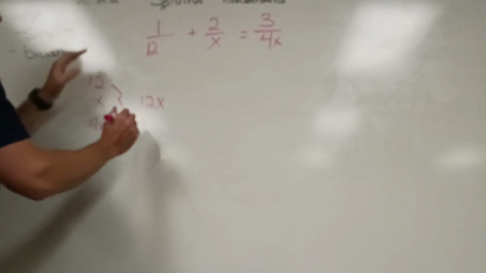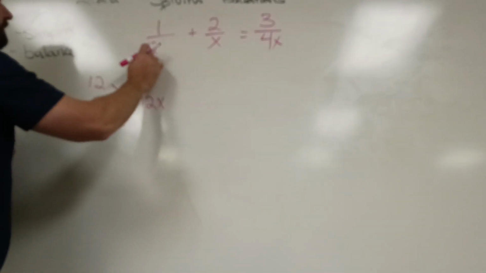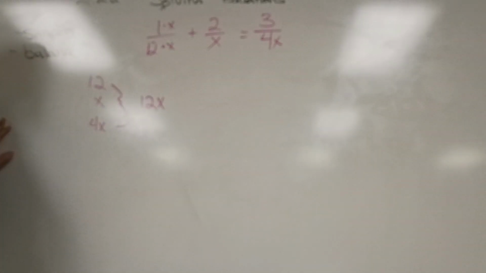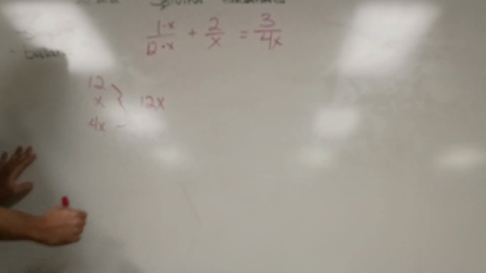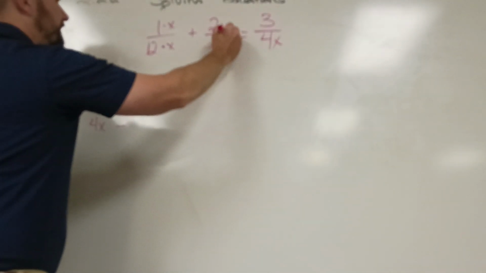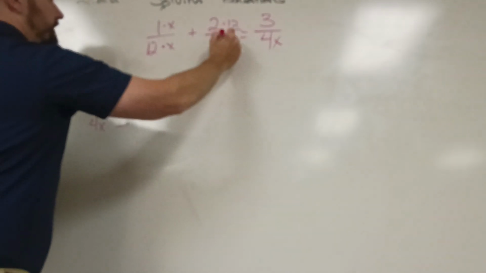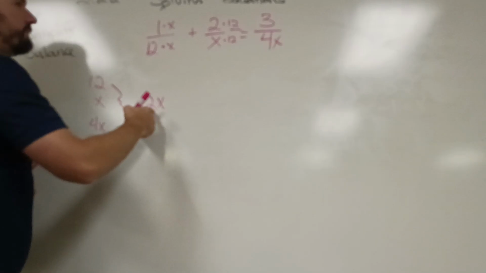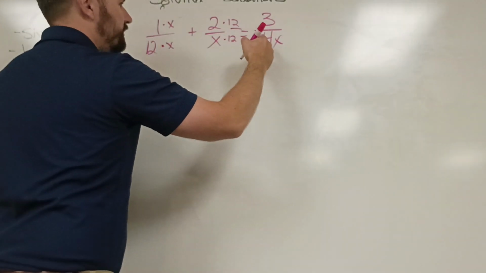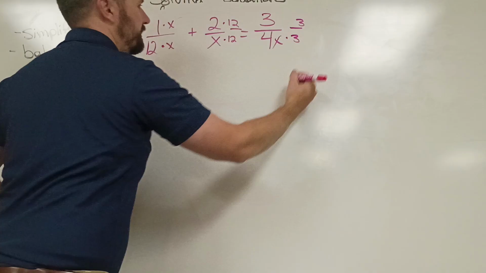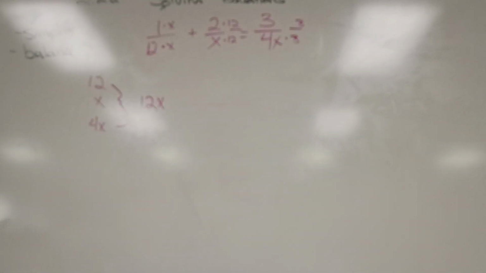So when I look at this, what am I missing by that 12? An x. I'm multiplying the bottom, I'm multiplying the top. This one's missing a 12 because I need it to look like that. And 4x I need to multiply by 3 to get to 12x.